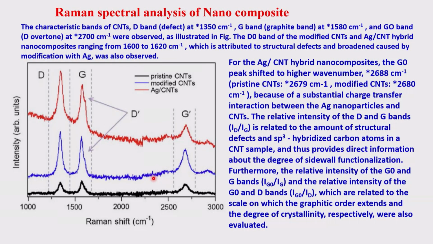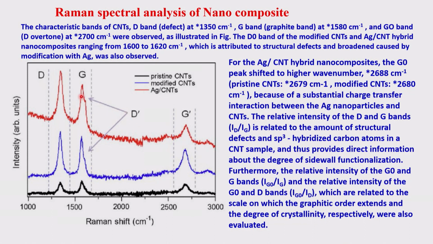Yes, here we have a composite. This nanocomposite is silver on the CNT, that is carbon nanotube, again a hybrid. You can look at the Raman of the pristine carbon nanotube, the modified carbon nanotube, and the one where the silver is attached to the carbon nanotube.